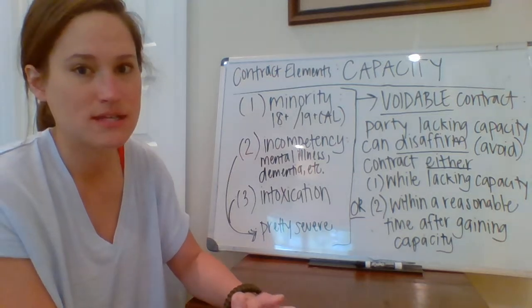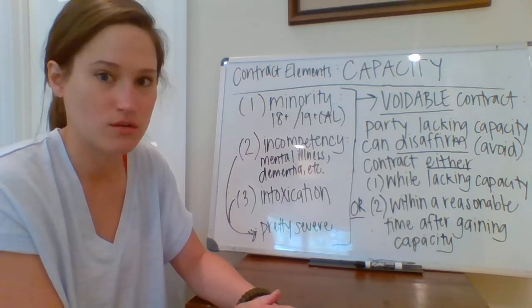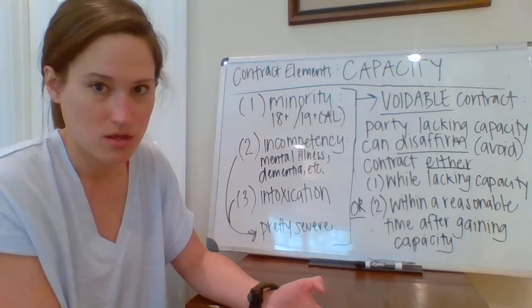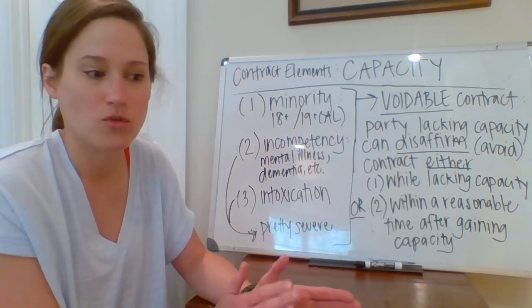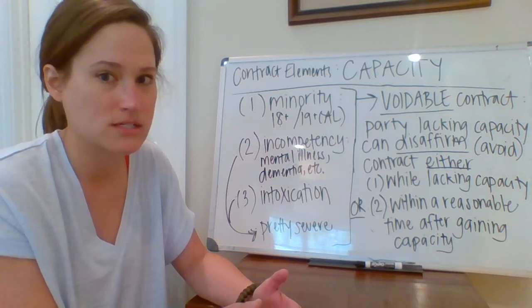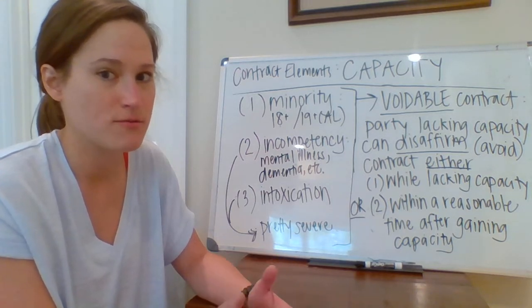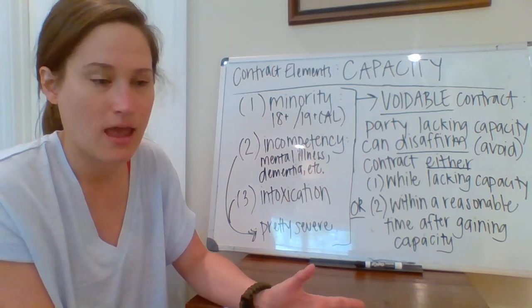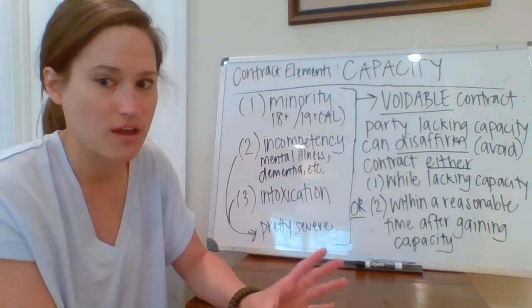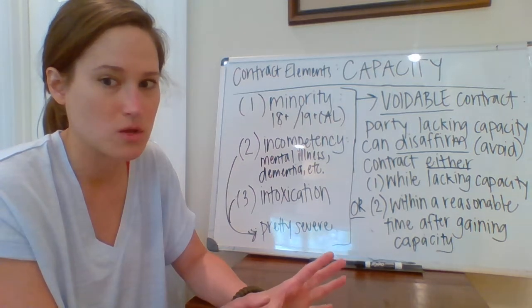Now, notice that's not saying the contract is void, right? It is possible that you enter into a contract, one of the parties lacks capacity, everybody performs their end of the bargain later, and everything turns out fine and everybody walks away happy.